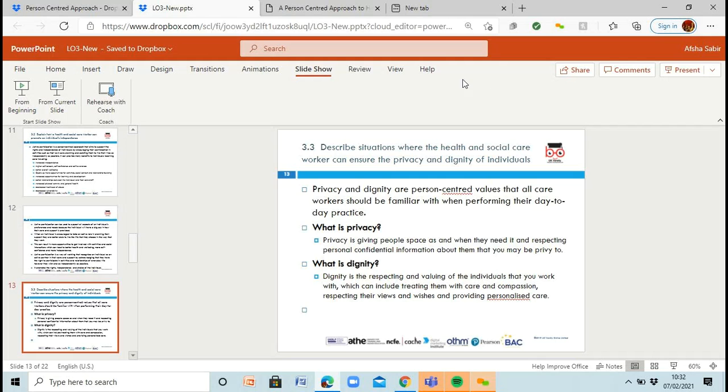They might come out and say something to you, or you might have overheard something. It's not your job to go running around and telling everybody else. You're giving them that privacy and that respect. Dignity is when you're respecting and valuing the individuals that you're working with. You're treating them with care, compassion, and respecting their views and their own personalized care.